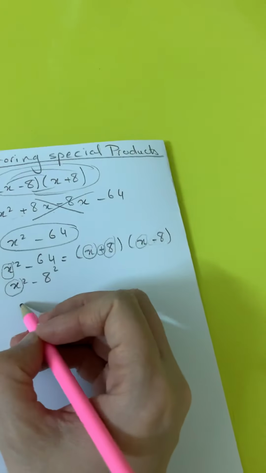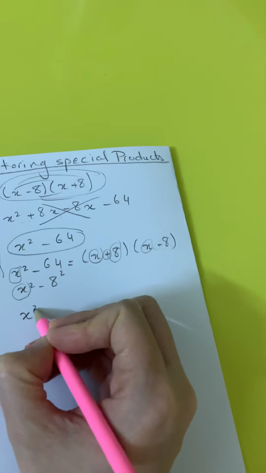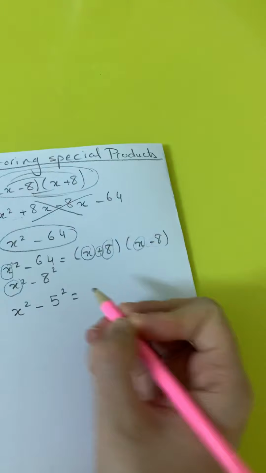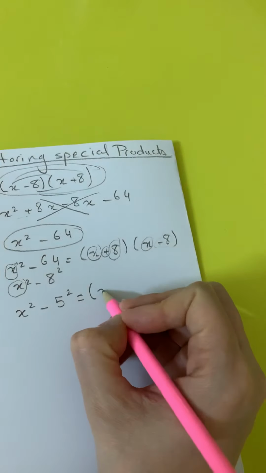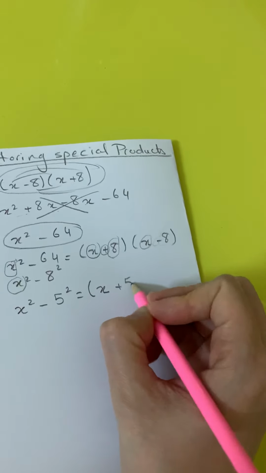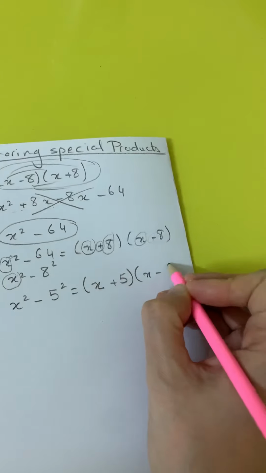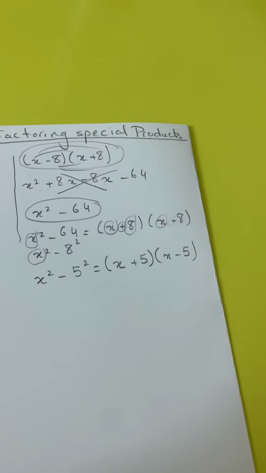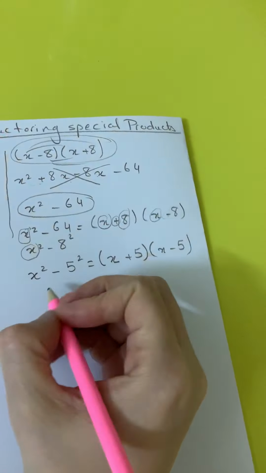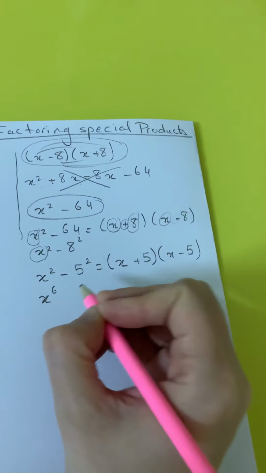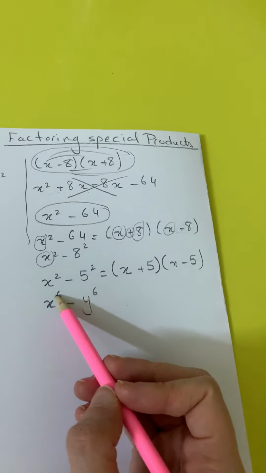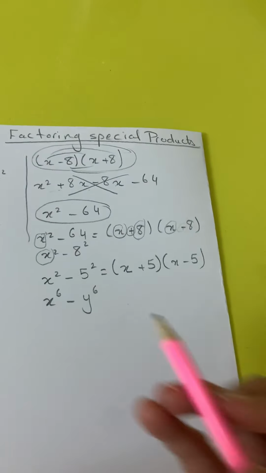Let's take another example. X power 2 minus 5 power 2. I will put (x plus 5)(x minus 5). That's it. If you have, let's say, x power 6 minus y power 6, you have to turn 6 into something power 2.